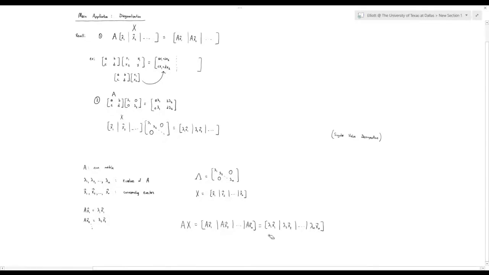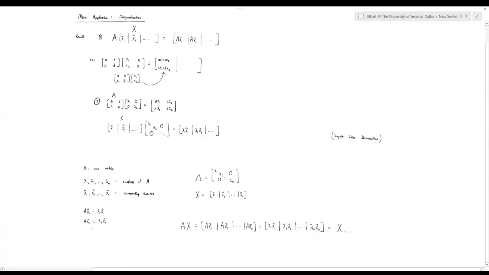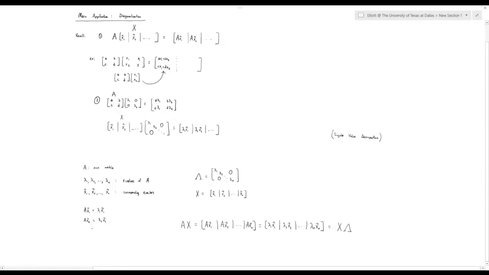All right, but then this expression is equivalent to multiplying the matrix X with the diagonal matrix capital lambda on the right. That's what we observed earlier.